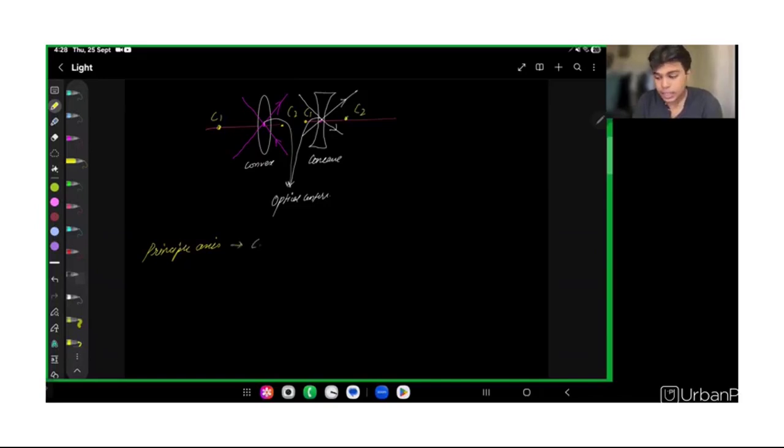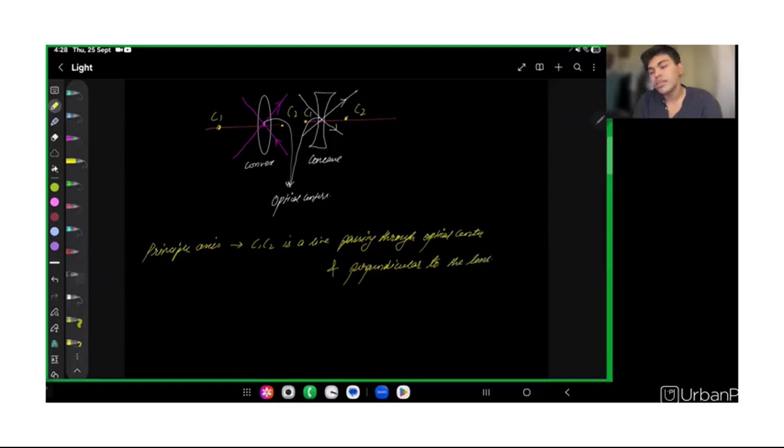Principal axis, C1 C2, is a line passing through optical center and perpendicular to the lens. So there are two conditions for a principal axis. It should pass through optical center. It should be perpendicular to the given lens.